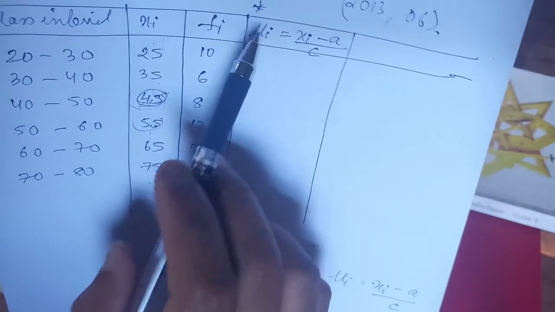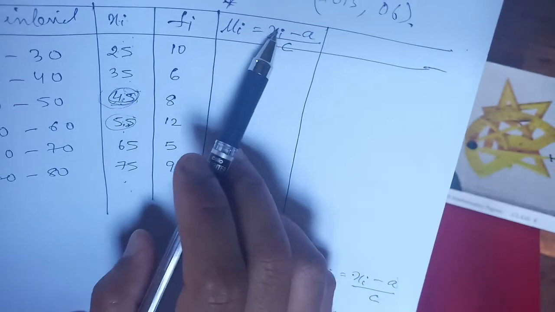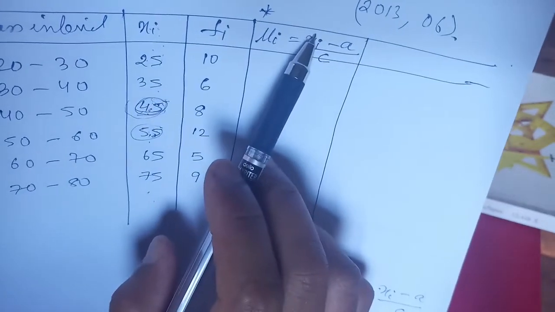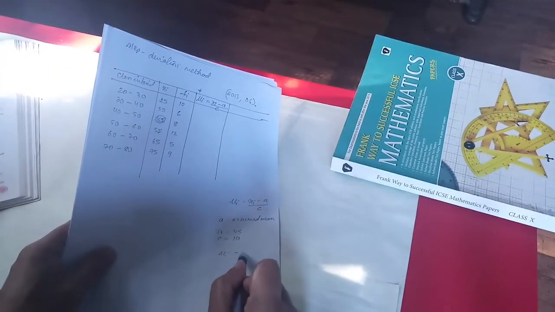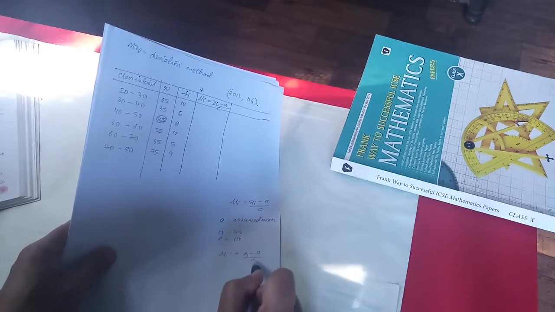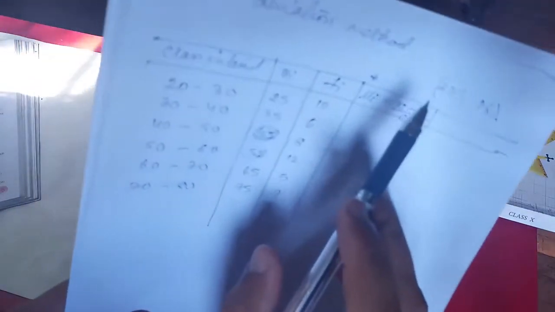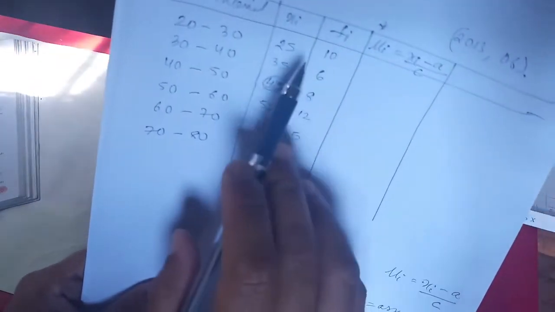Now let us find the first ui. Let us take this formula. What is the first xi? 25. So we will substitute in the formula like this. Xi is, look at the first xi, 25.